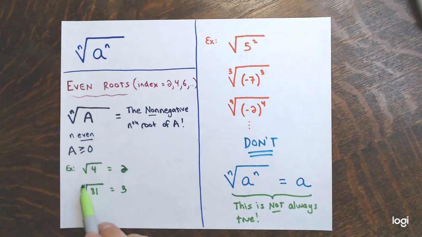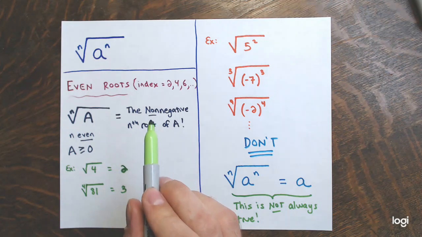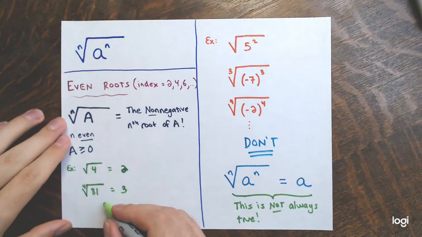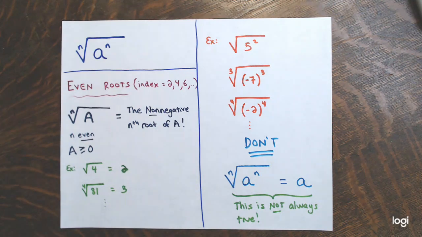But when you see this symbol with an even index, what's being asked for is the non-negative nth root, not the negative one. Okay, I'm going to stick with even roots here for a second.